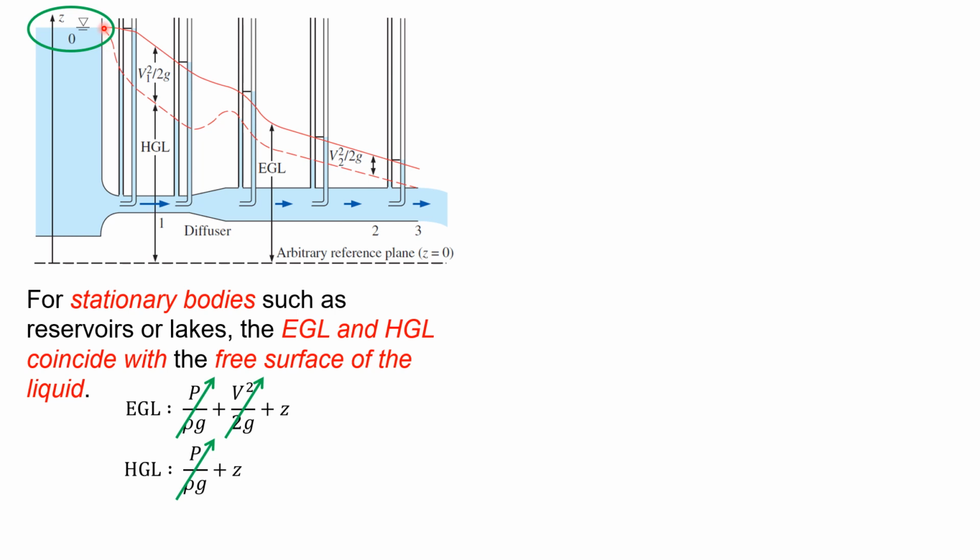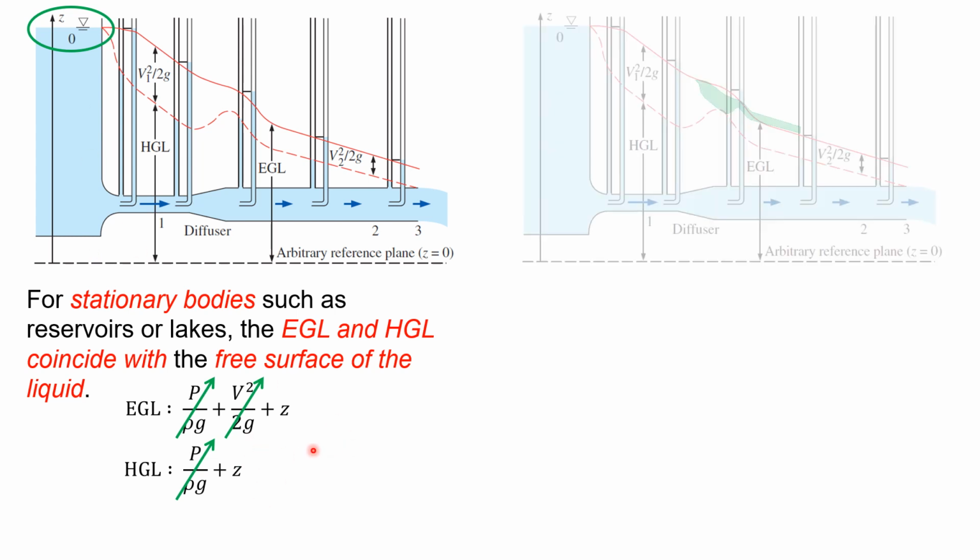There is no pressure because it's atmospheric pressure, so you cancel this. So for EGL and HGL, both these components are cancelled, leaving only Z. That's why both have the same point. This point is just the elevation or the height that is involved.